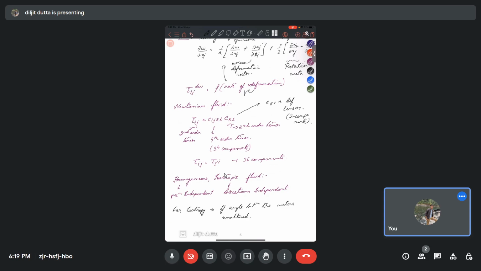Now for a Newtonian fluid, a second order tensor can be related to another second order tensor by a fourth order tensor. So let us define this fourth order tensor as C_ijkl.